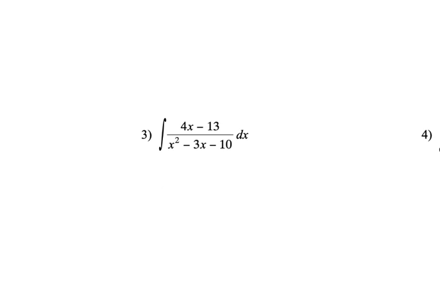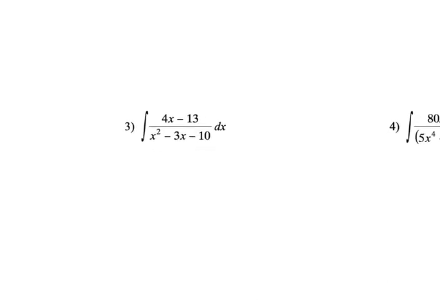So what we need then is the partial fraction. We need to get the partial fractions for this expression. So this would be the lesson 6.2, where we do integration using partial fractions. So we're going to change 4x minus 13. We're going to factor the denominator into x minus 5 and x plus 2.